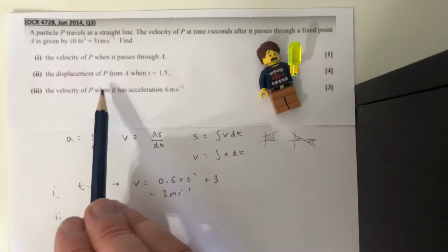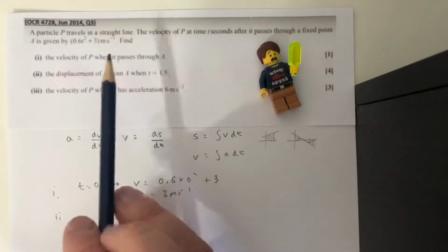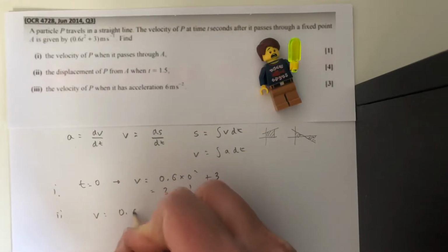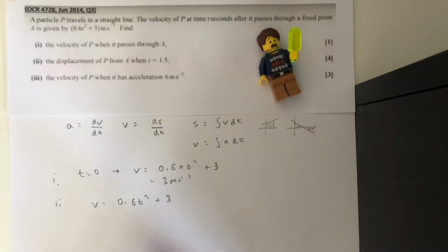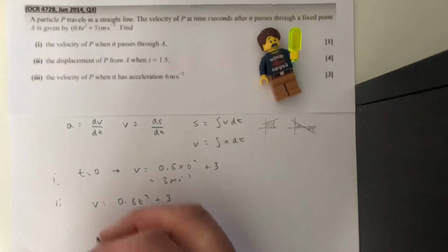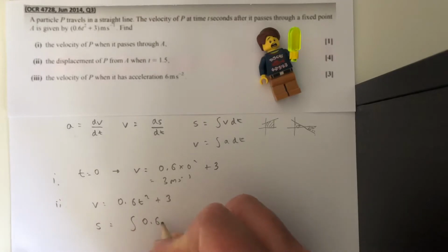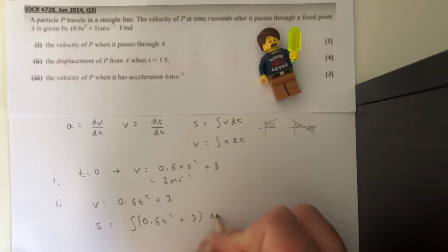The displacement of P from A when t is 1.5. So we're working out a displacement, and we've got a formula, v equals 0.6 t squared plus 3. We need to work out displacement, we need s. So s is equal to the integral of 0.6 t squared plus 3 with respect to t, of course.